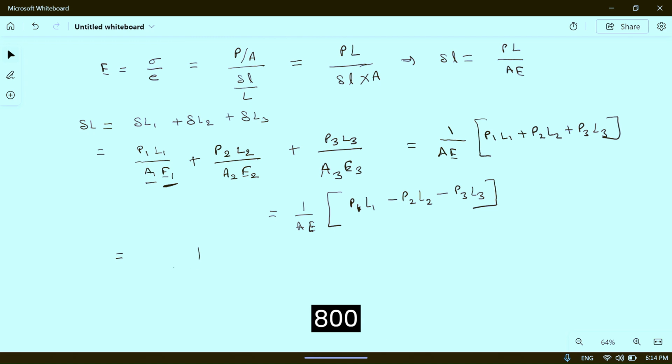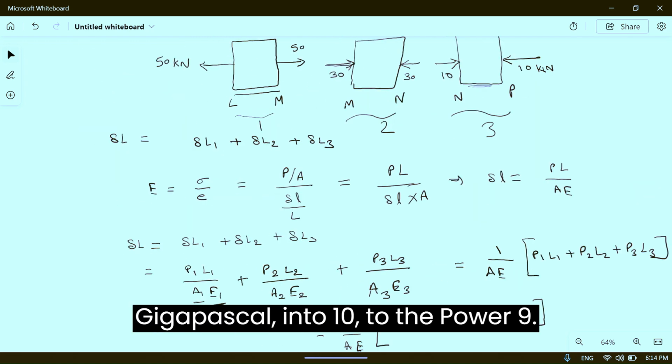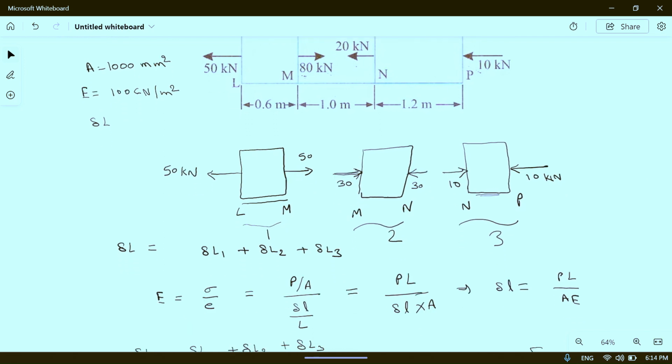so we will write 1 upon, what is the area? Area is common for all, which is given as 1000 mm square.